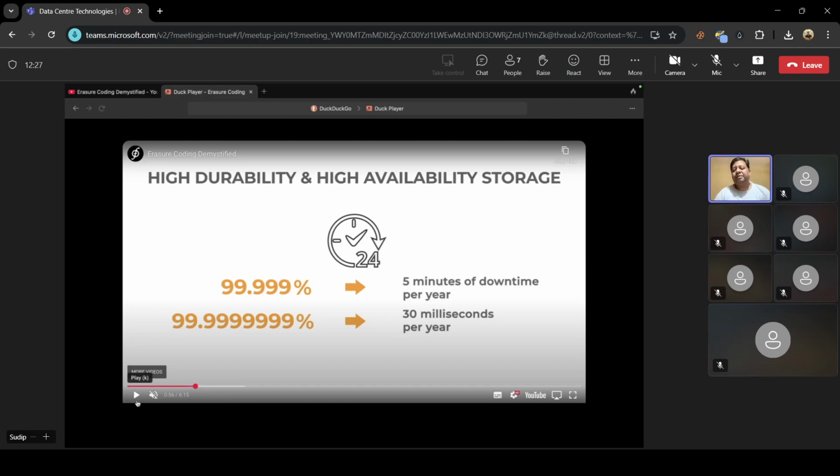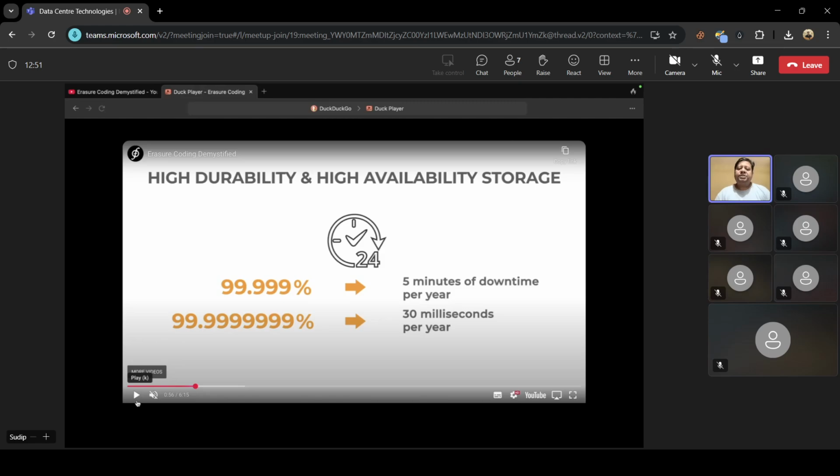That means 365 multiplied by 24 gives the total number of hours in a year, then multiplied by 60 gives the total number of minutes. Of that total, only 0.0001% of the time your system can go down. That is like 5 minutes in an entire year.